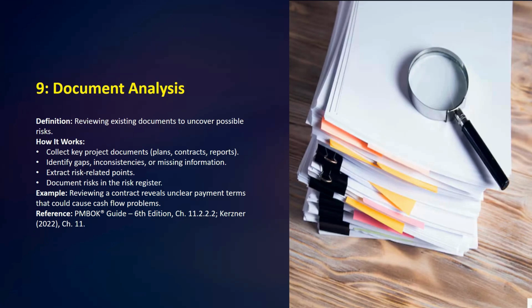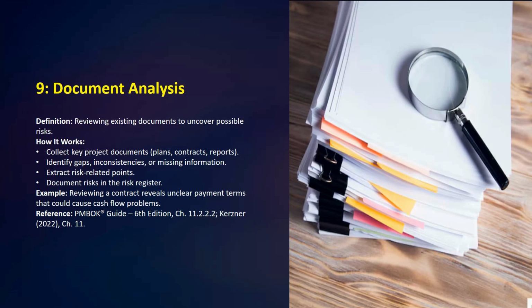Actually, you will review the key project documents like your project charter, requirements, contract, and reviews, extra reports. Okay, so you will look for any inconsistencies, missing information, or you can say language that is unclear or vague. So these gaps are often signs of potential risks that need to be addressed before they cause problems.